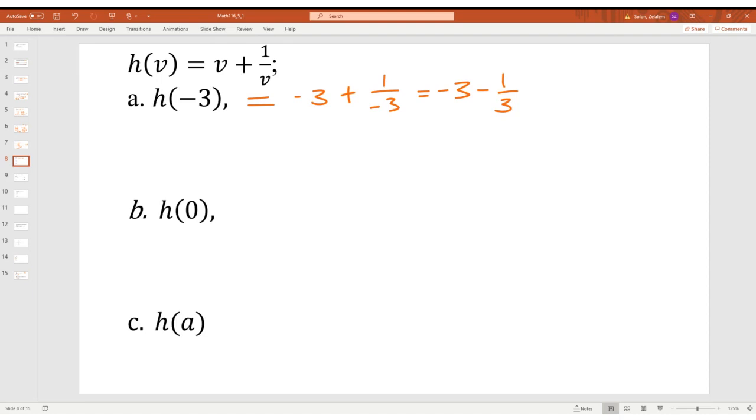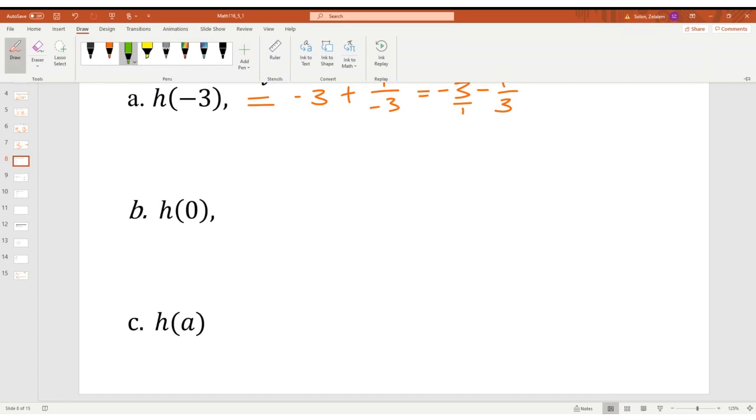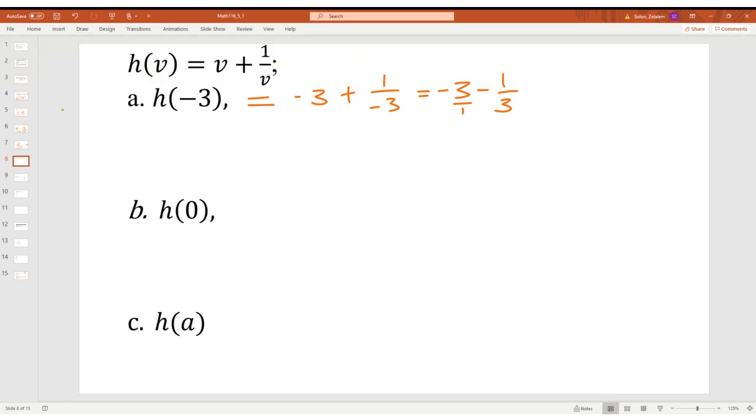Now, if you see, these numbers don't have a common denominator. So this is over 1. So I have to multiply by 3 over 3 to make the denominator the same. So I have to multiply this by 3, and this by 3. So 3 times -3 is -9 here, over 1 times 3, which is 3, minus 1 over 3.